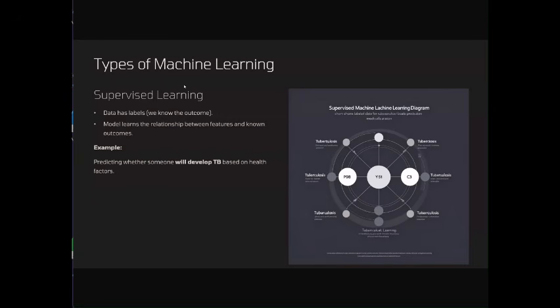Supervised learning in the sense that you that is writing the algorithm, you know what you want. So the machine is learning, but you are supervising the learning, meaning that you know exactly what you want from that data. That's why it's called supervised learning, because you're teaching the machine to learn.